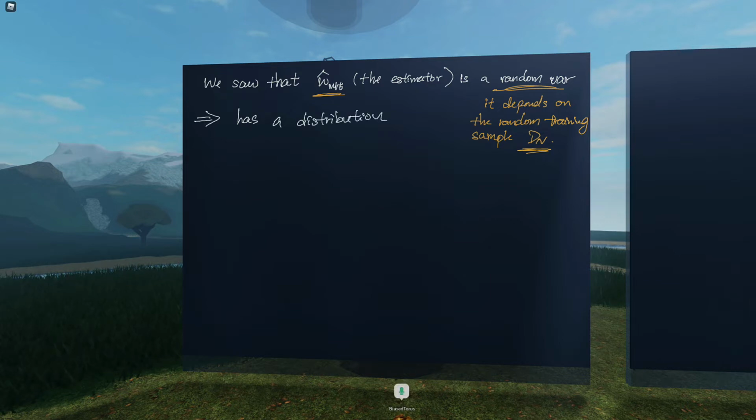which is usually called the estimator distribution. So in the coin flip case, we saw that the estimator distribution was actually a binomial distribution.